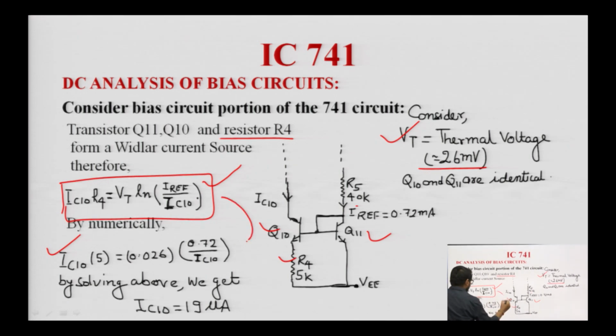for this equation, if you put the values, we already get I reference as 0.72 mA. Solving this equation, we find IC10 equal to 19 microampere current. Okay. This is the low current.